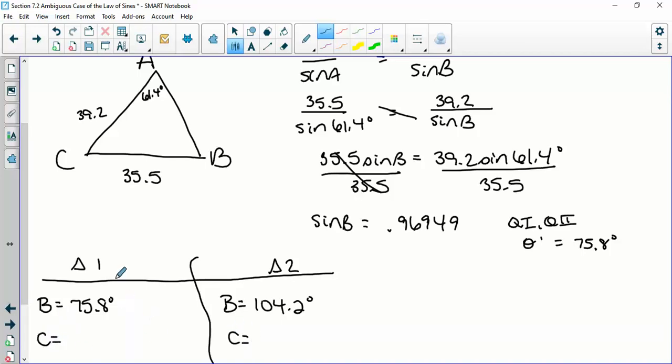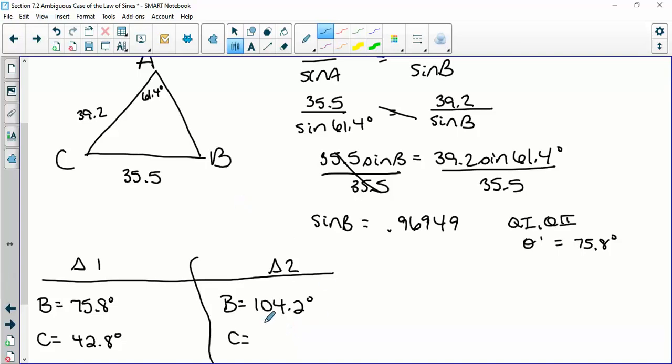So, in the first triangle, you do 180 minus the two angles you know, 61.4 and 75.8. So in that triangle, angle C is 42.8.